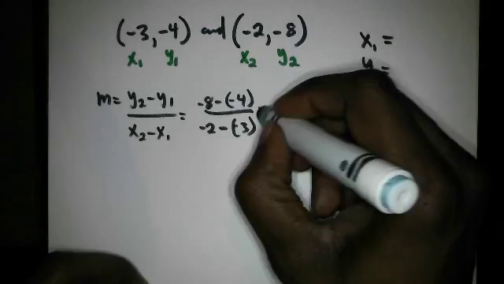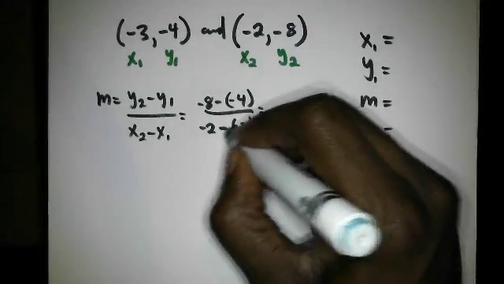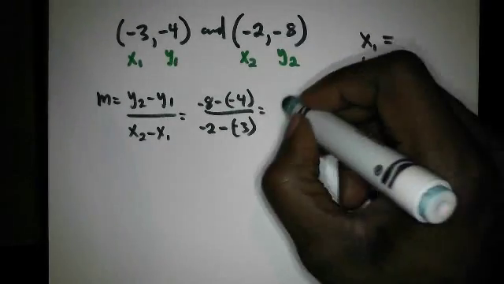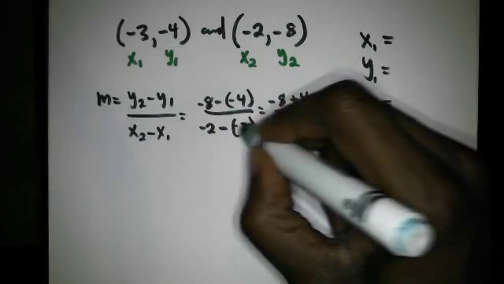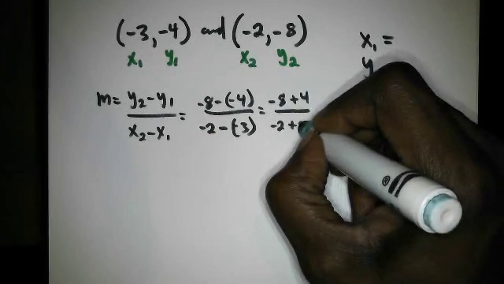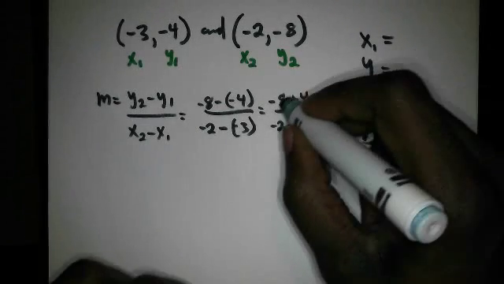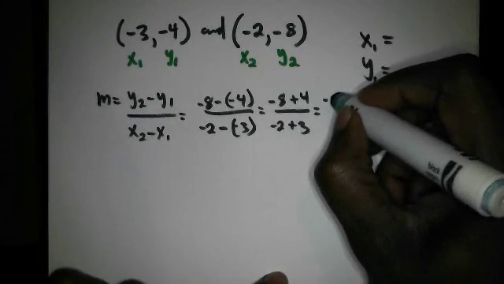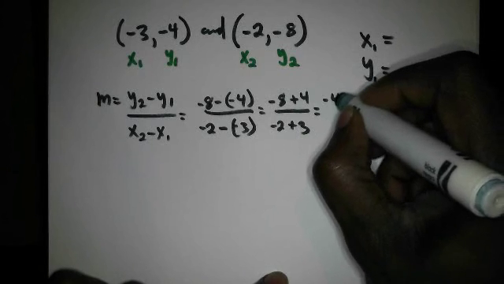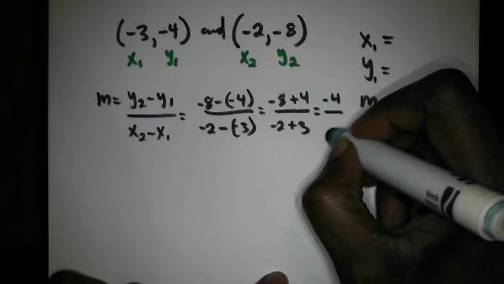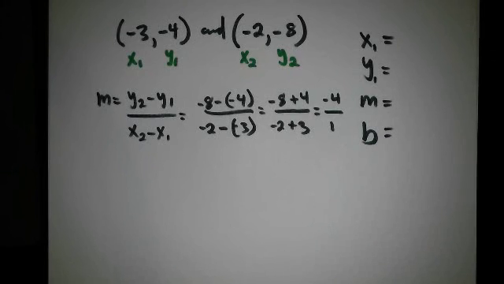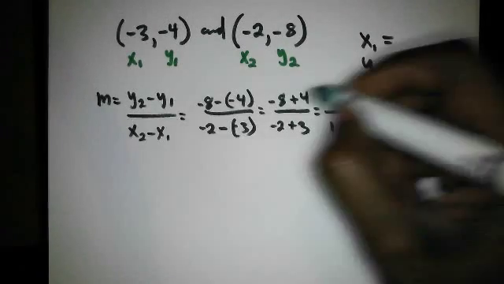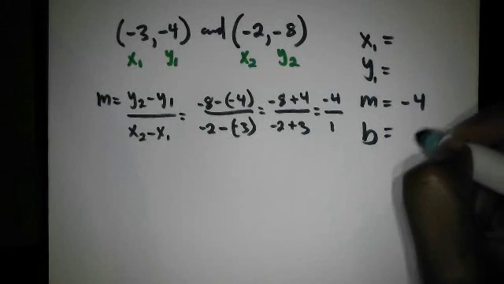So we got two negatives in the middle. So this means it's -8 plus 4 over negative 2 plus 3. And we can simplify this more. Negative 8 plus 4 will be negative 4 over 1. And negative 4 over 1 is just negative 4. So m is equal to negative 4.